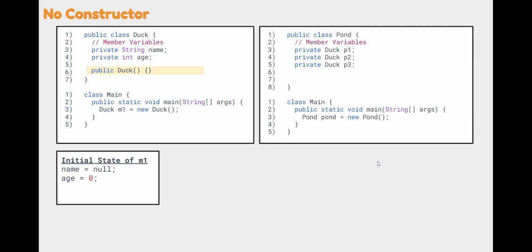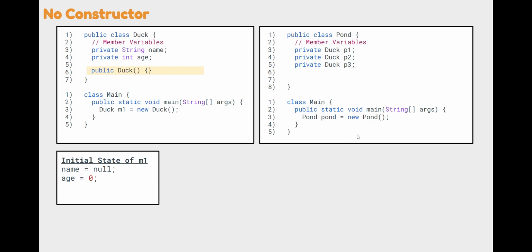Looking at the code in the box on the right, at the top, we have a definition of a pond class. At the bottom, we have our definition of our main class. In the main class, we are declaring and instantiating a pond object named pond, and we are assigning it the reference returned by calling the pond constructor with no arguments. If we look in the definition of our pond class at the top of the box, we can see that we never coded a constructor that accepts no arguments.